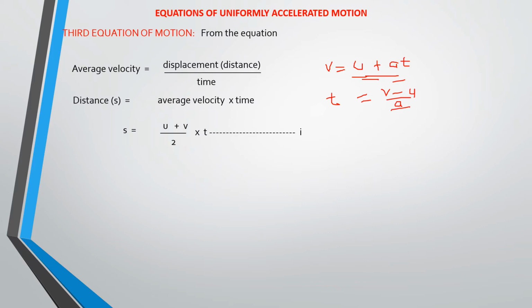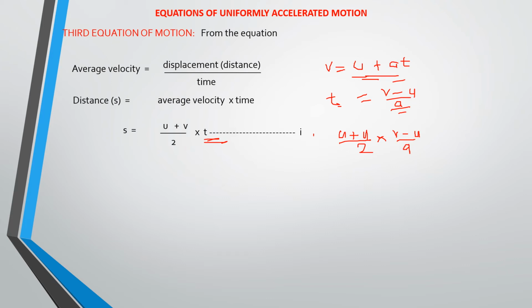So if we have t like this, we can substitute this t into this equation. So we'll be having (v plus u) all over 2 multiplied by (v minus u) all over a.